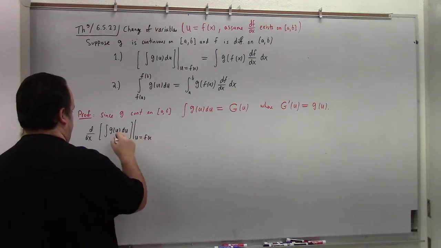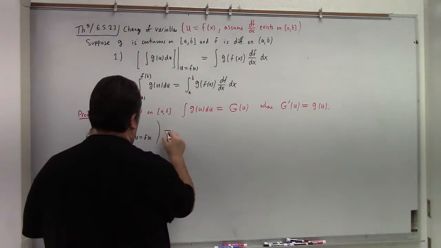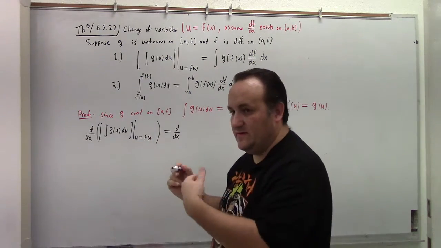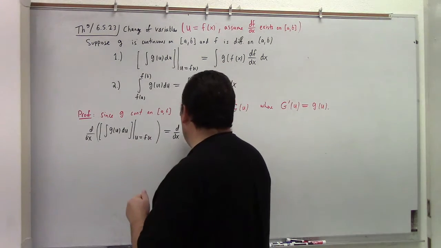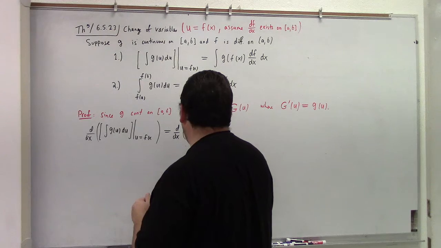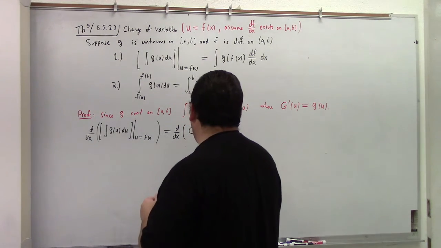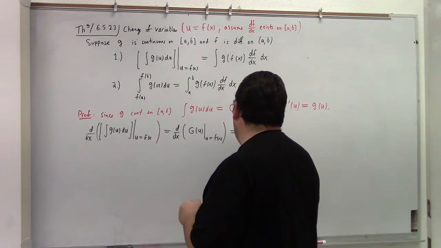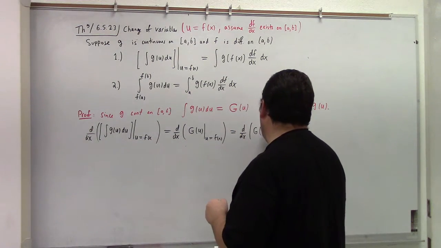So what is that? Remember that the integral of g of u du is big G of u, right? So this is big G of u evaluated at u equals f of x, right? So that's d/dx of G of f of x.